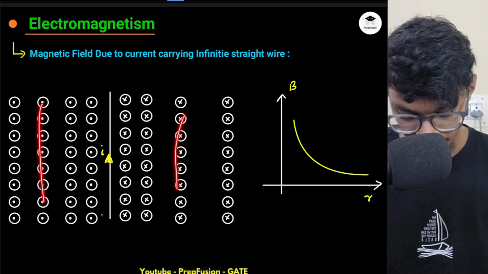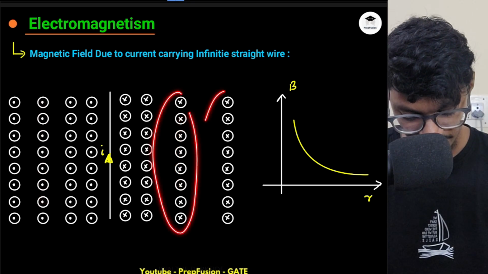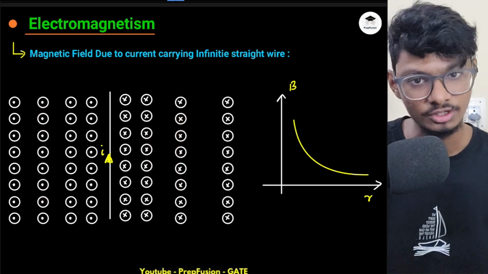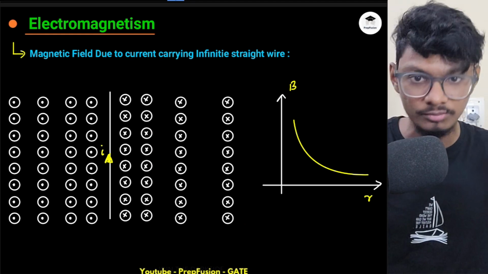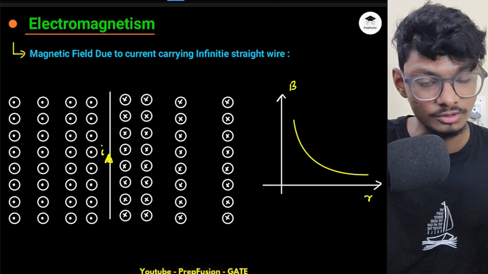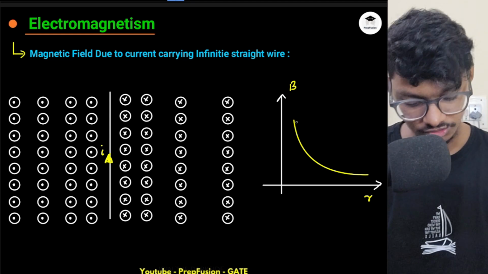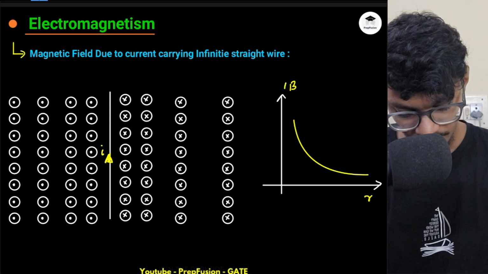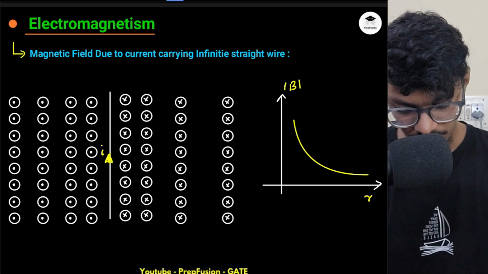If I'm further away from the wire, the density of the magnetic field lines also reduces. It's intuitive, because the further I move from the wire, the effect of that wire reduces. Basically the magnetic field due to that wire will simply reduce. So this is the relationship for the magnitude of the magnetic field if I am moving along the r-hat direction.